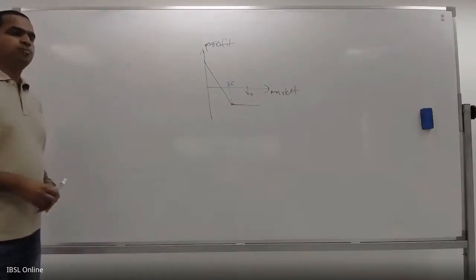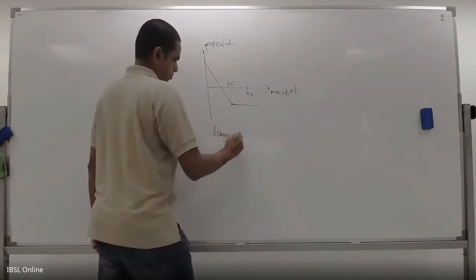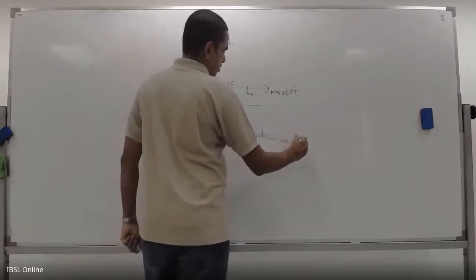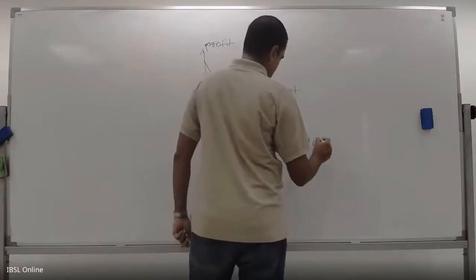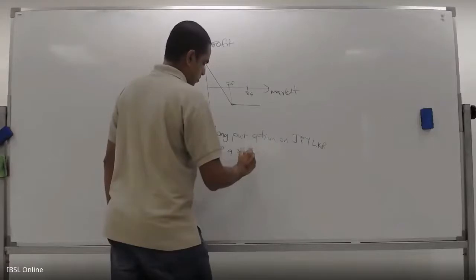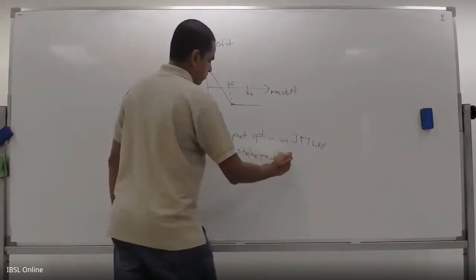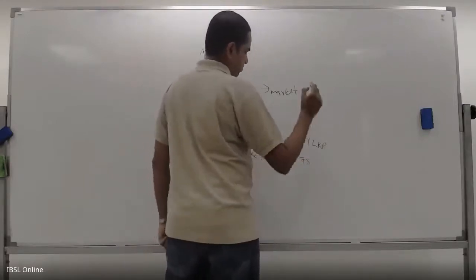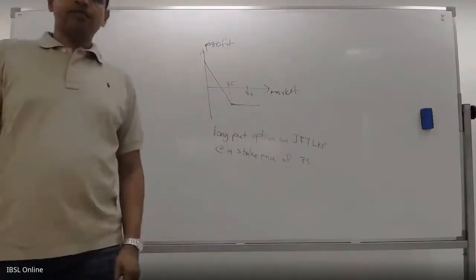He needs to go long a put option on yen rupee at the strike price of 75. If he does that, he will be hedged.